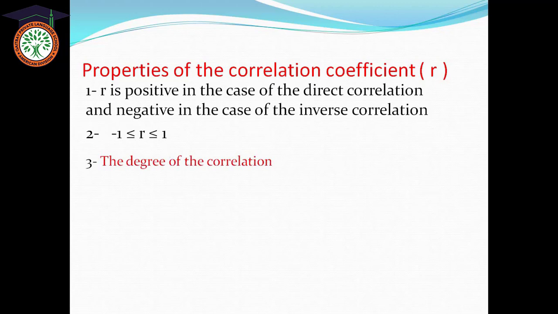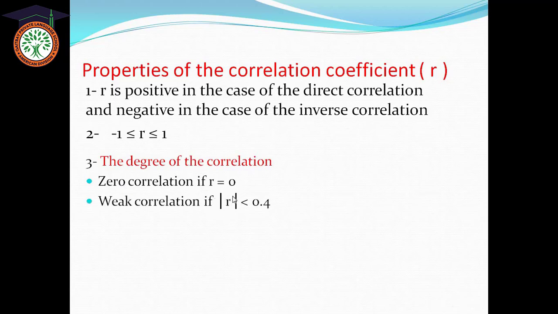And also you can get the degree of the correlation from the value of R, when we use the formula to get the correlation coefficient. If the answer equals 0, the degree of the correlation is going to be zero correlation. If the absolute value of R is less than 0.4, it's going to be weak correlation.